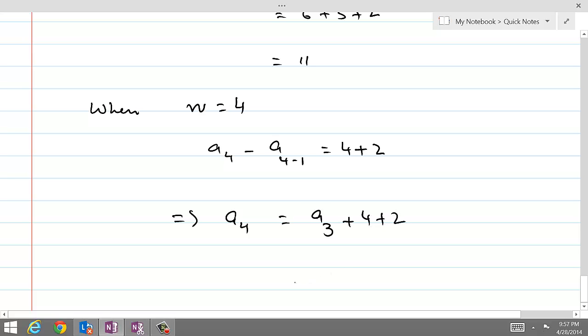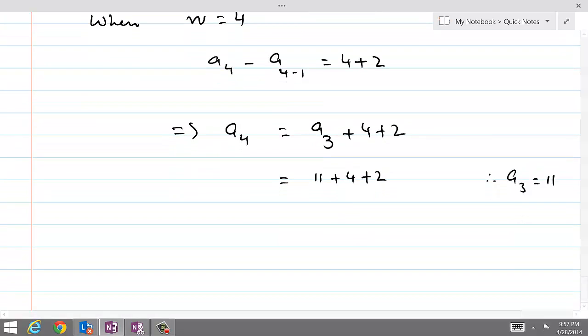Since we have just recently calculated the value of a3 equal to 11, therefore this would be 11 plus 4 plus 2, and this would be 15 plus 2, which is 17. So this would be equal to 17. That's how we can find out the first few terms of the sequence when the general terms are given.